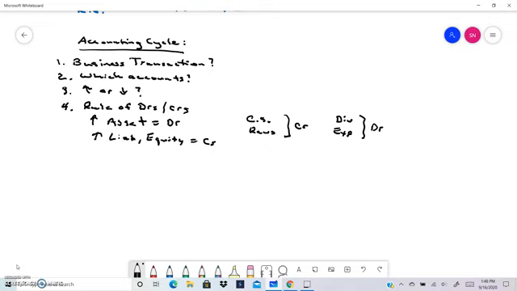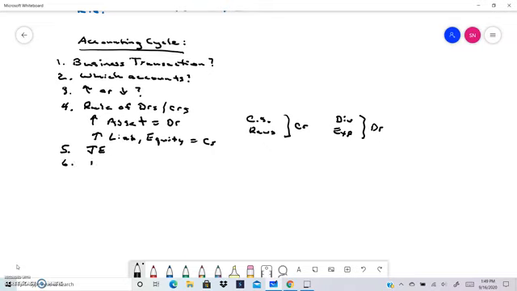But assets and liabilities can move up or down. And that's where we're going to have to use the rule of debits and credits to determine whether we debit or credit cash, whether we debit or credit accounts payable, etc. Once we've made that determination, then we're going to prepare a journal entry. And I'm just going to use JE for journal entry.